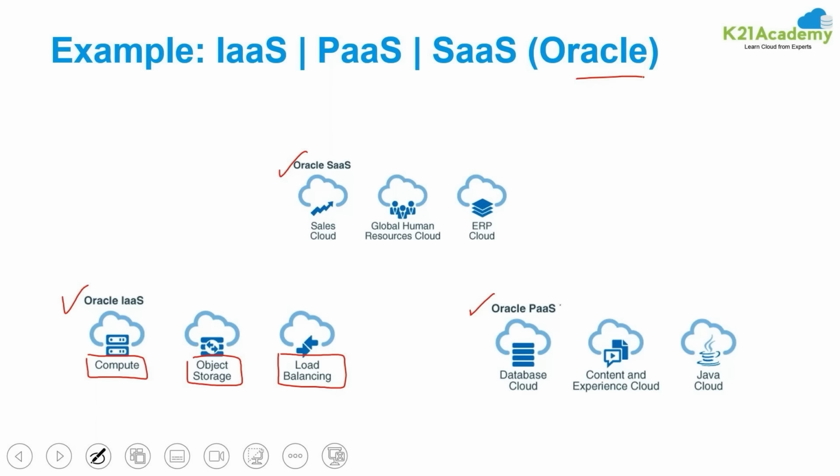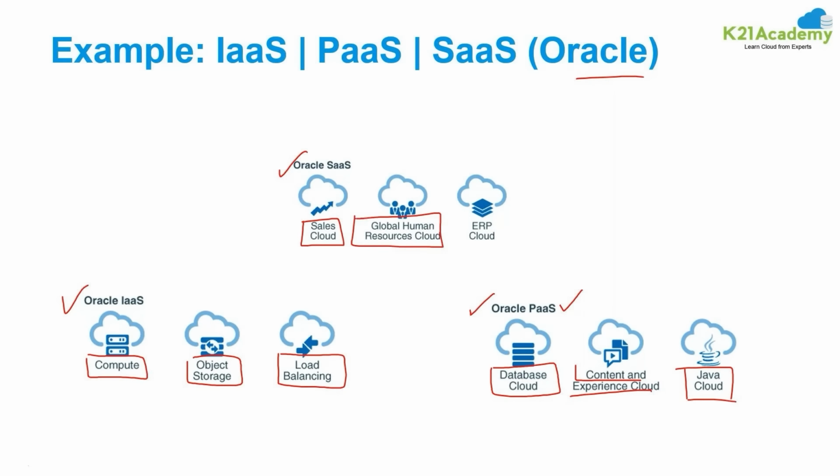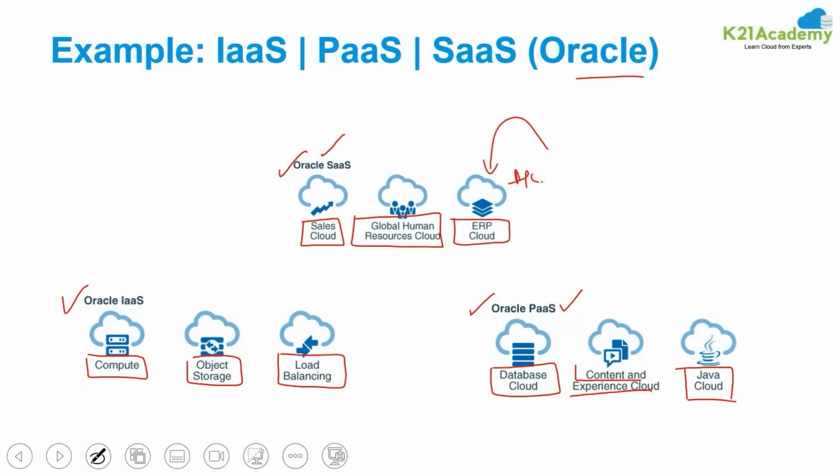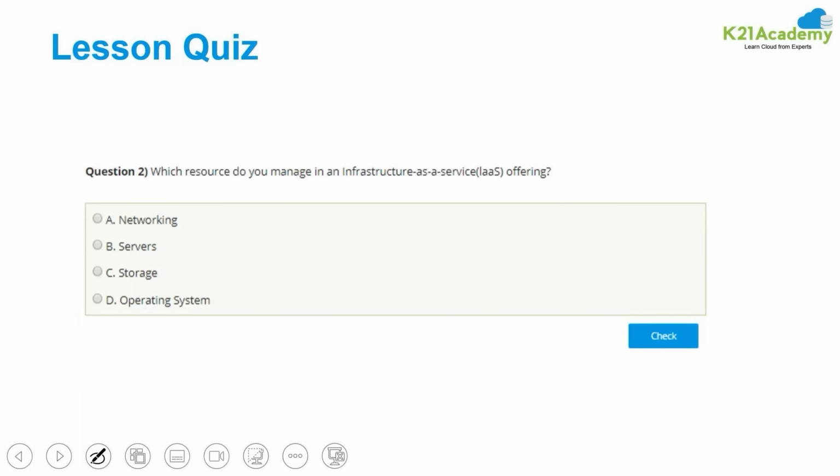For platform as a service, Oracle has got Database Cloud, Content and Experience Cloud, and Java Cloud. And for SaaS, it has got applications for sales, HR, and ERP, which are hosted in the cloud, where clients create their account and start using these services. So all of the cloud service providers are offering you infrastructure as a service, platform as a service, and software as a service.